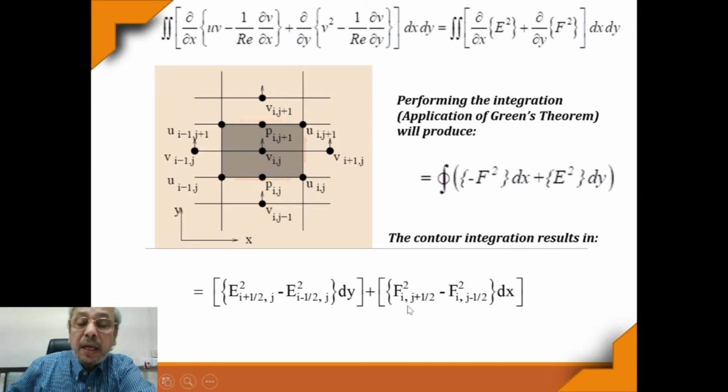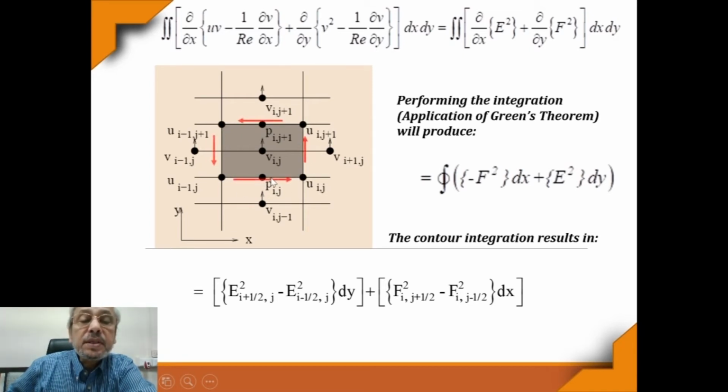So F2 at i j plus half, and here F2 at i j minus half is defined here. So F2 at i j minus half into positive delta x.